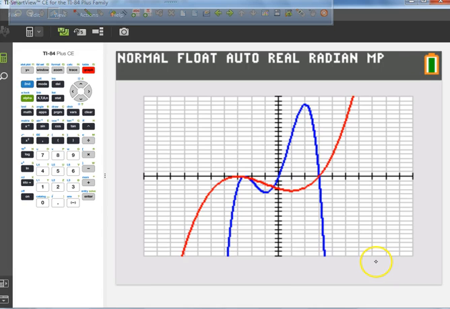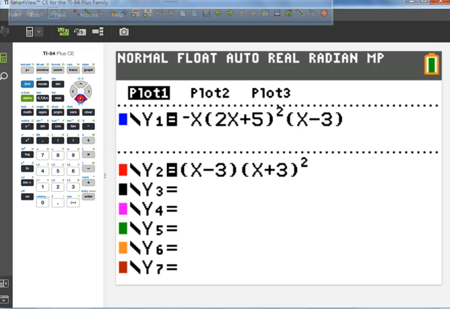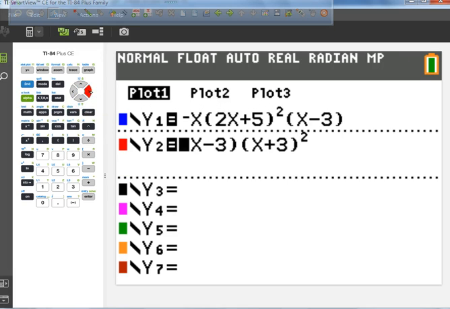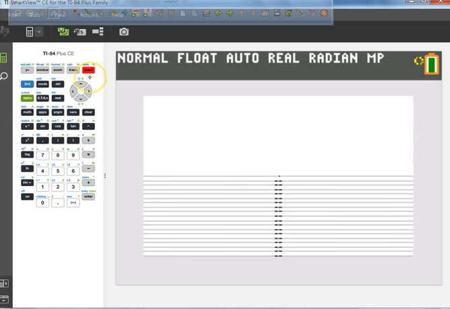Nope. There it is. Look what happens. Does it cross over? No. What if I were to insert a square here? Second, delete, square. Look what happens now.